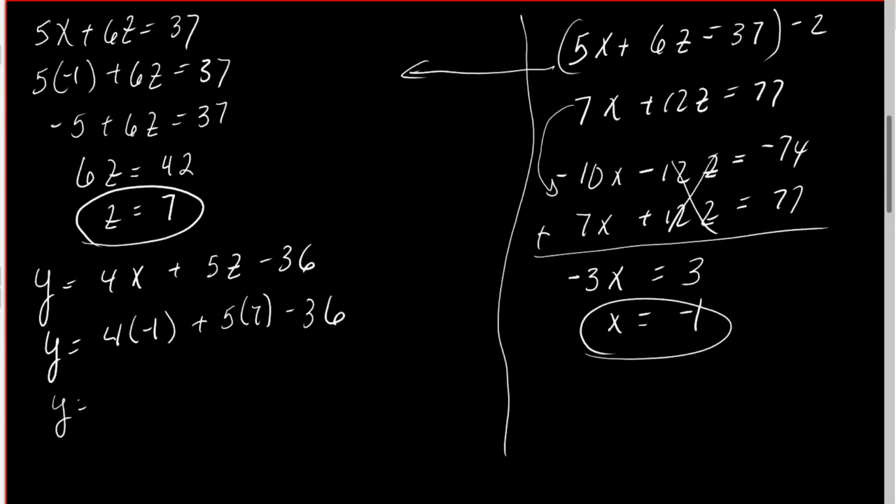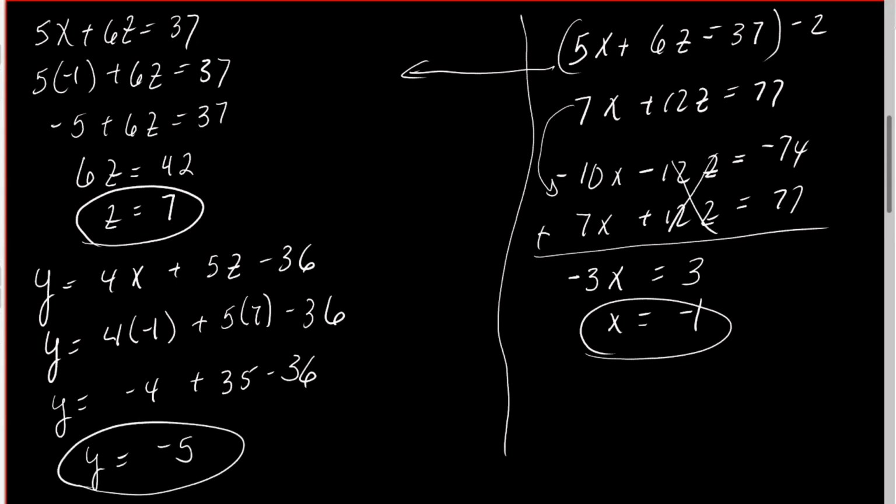So y is equal to negative 4 plus 35 minus 36. All right, so y is going to equal negative 5. Okay, so we have now solved for x, y, and z.